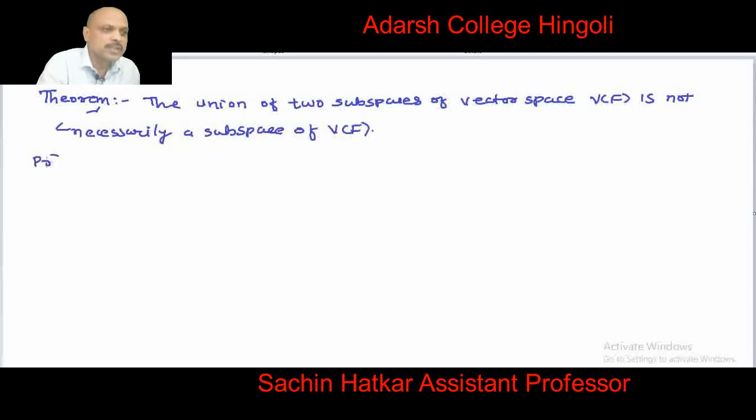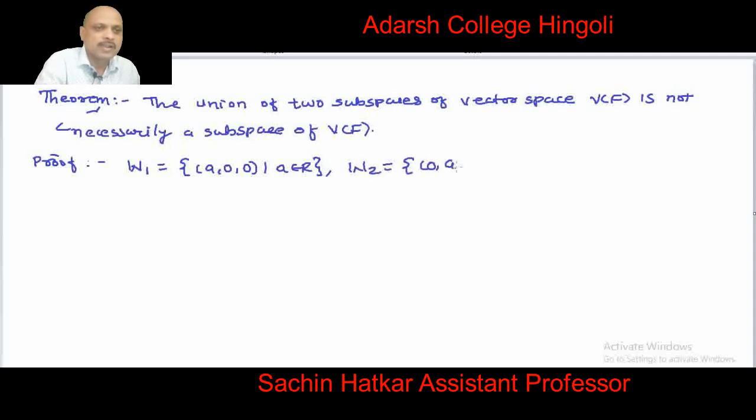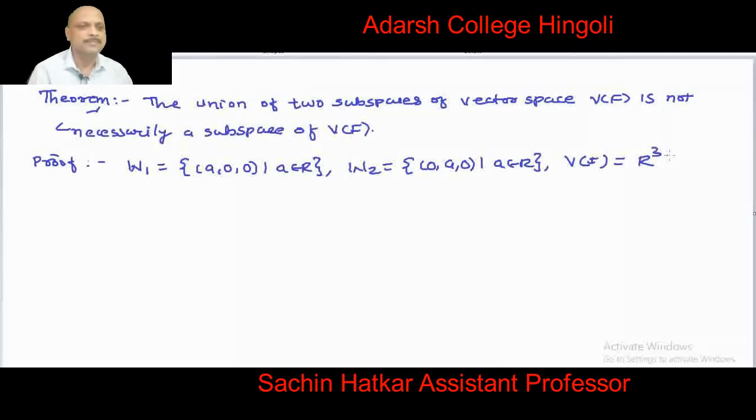Now we construct two subspaces. Suppose W1 is the set of ordered triplets (a, 0, 0) where a belongs to R, and W2 is the set of ordered triplets (0, a, 0) where a belongs to R, and V of F is the vector space of ordered triplets over the field of real numbers.